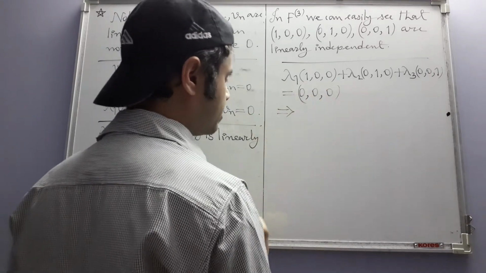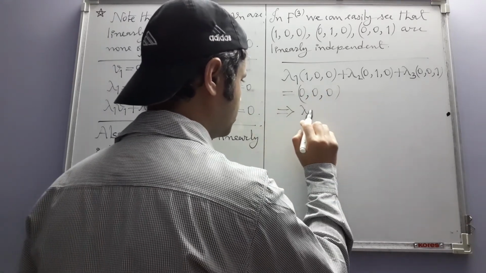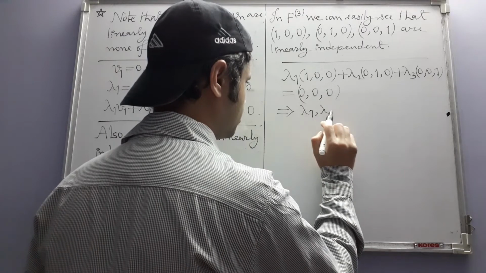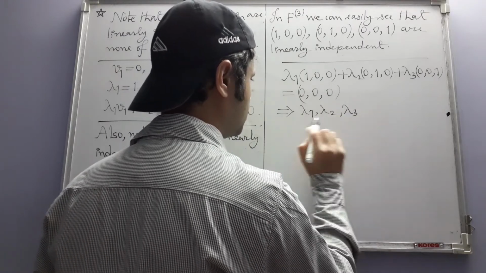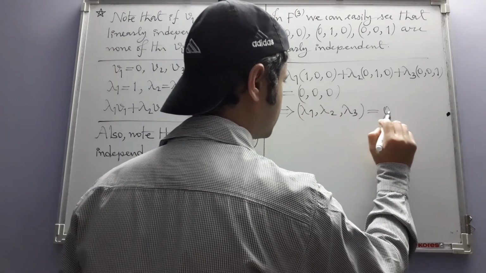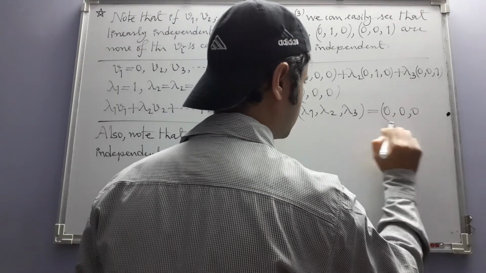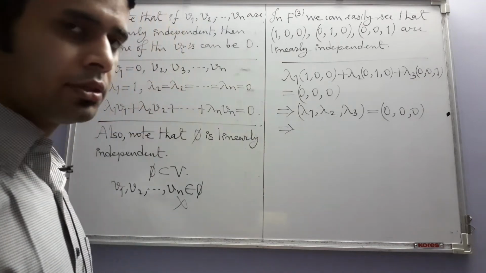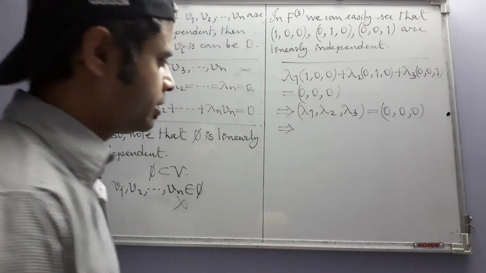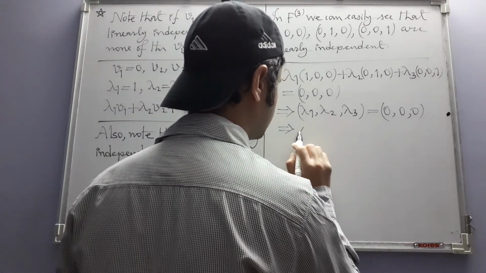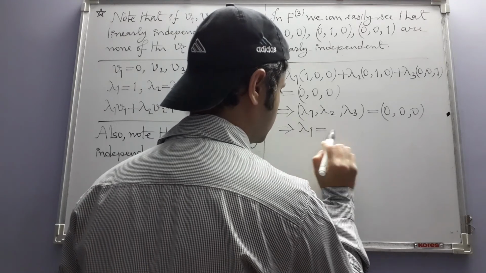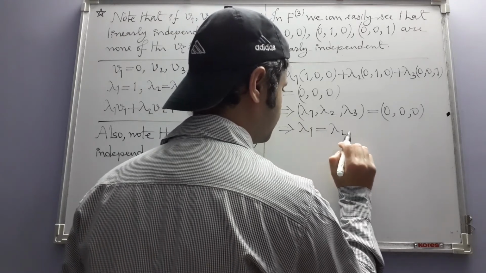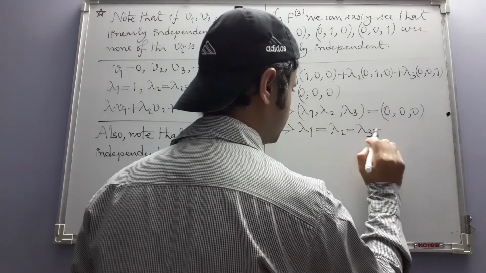You can see that the linear combination gives you the 3 tuple this. By the definition of equality of 3 tuples, ordered triads, all of them must be equal to 0.